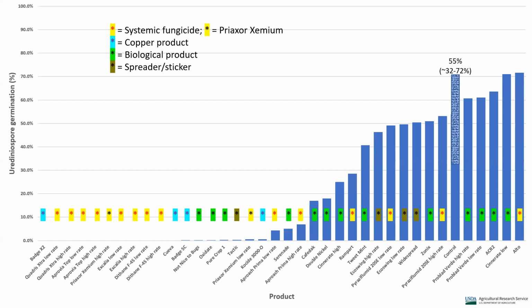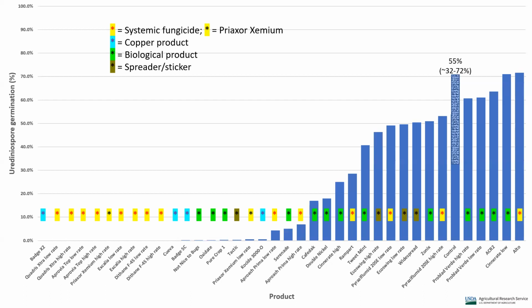And this shows the results of how these products affect, again, spore viability. Okay, so do they kill them in the lab, in vitro, or not? I've tried to group everything based on colors. The yellows are the systemic fungicides, Priaxor included. The blue are the copper products, things like Badge, Cueva, and Champion.